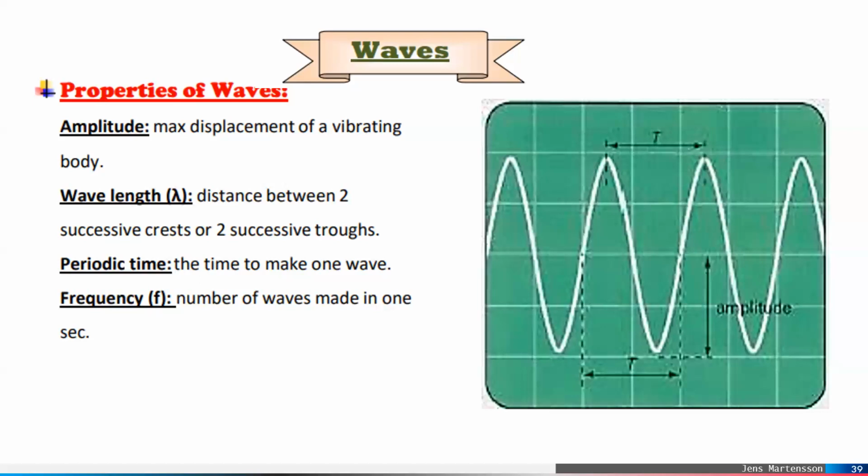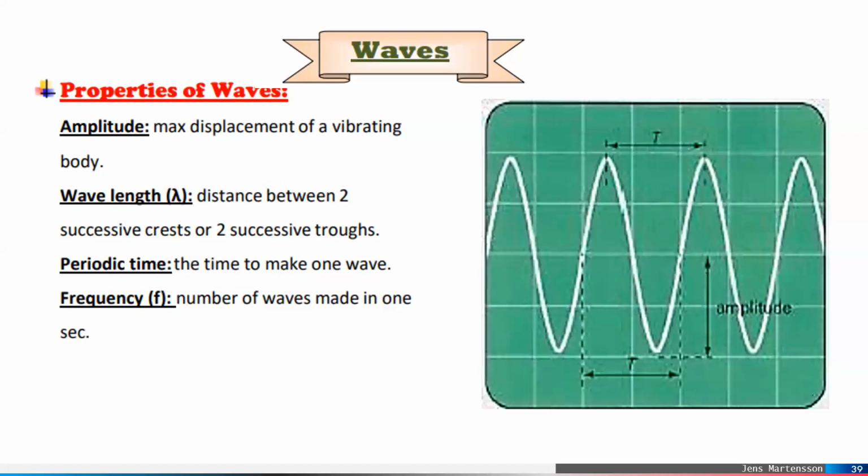And the greater the amplitude, of course, the greater the loudness, as we will see in the next part of this revision. The wavelength is the distance between two successive crests, or between two successive troughs, or between two successive compressions or two successive rarefactions.